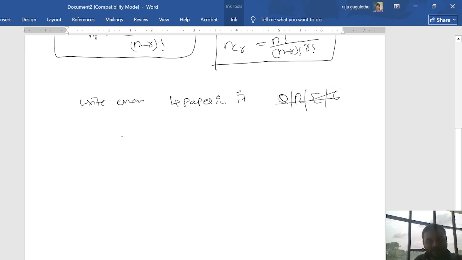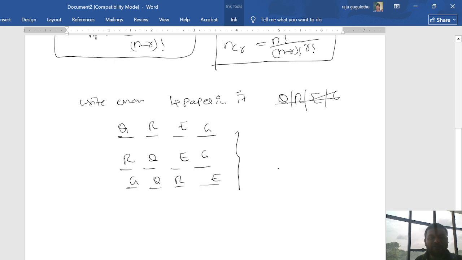It is nothing but the number of ways of arranging the exam. See, in one way you can arrange quant, reasoning, English, and GK. In another way, you can write reasoning, quant, English, GK. In another way, you can write GK, quant, reasoning, English.